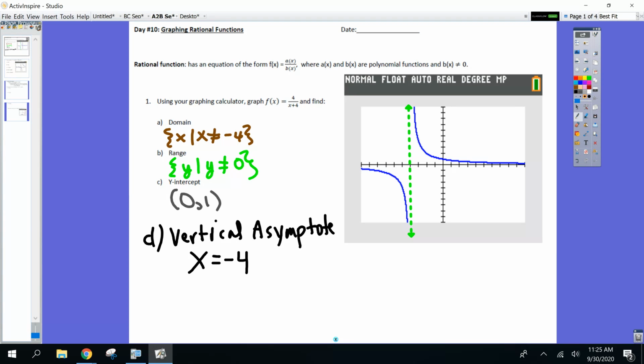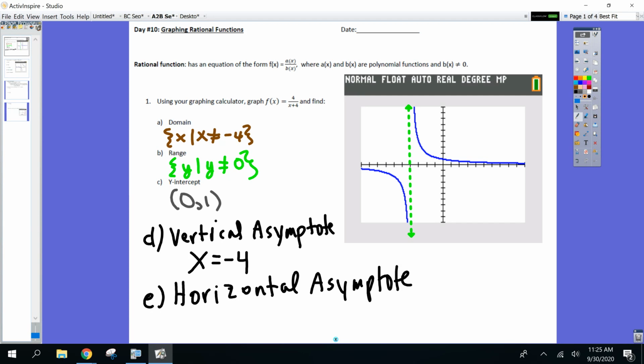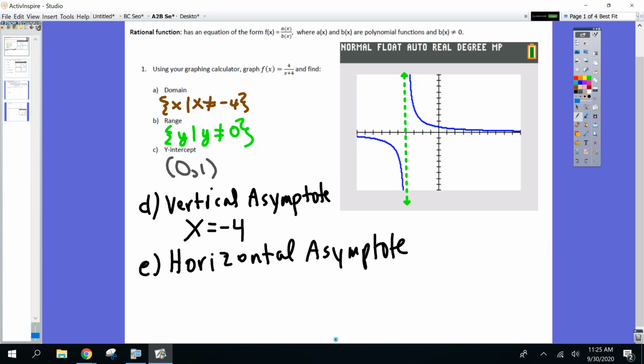Go ahead, Caroline. What do you got for me? All right, next one. Horizontal asymptote. So where can I draw a horizontal line that will not touch the graph? Y equals 0. Yeah, there it is right here.